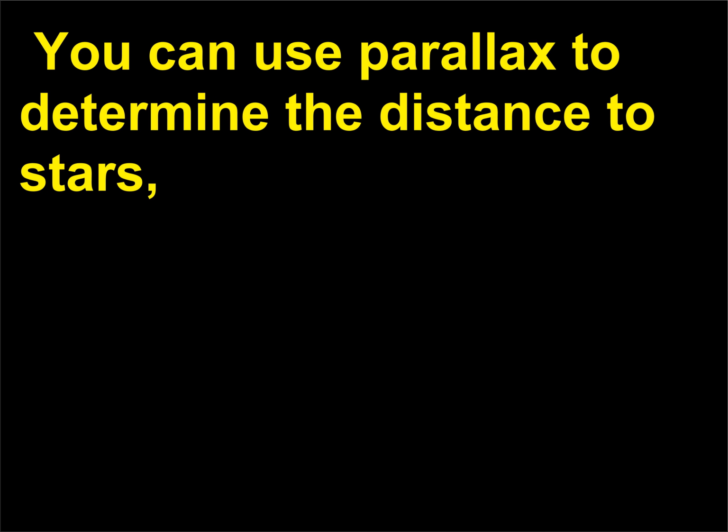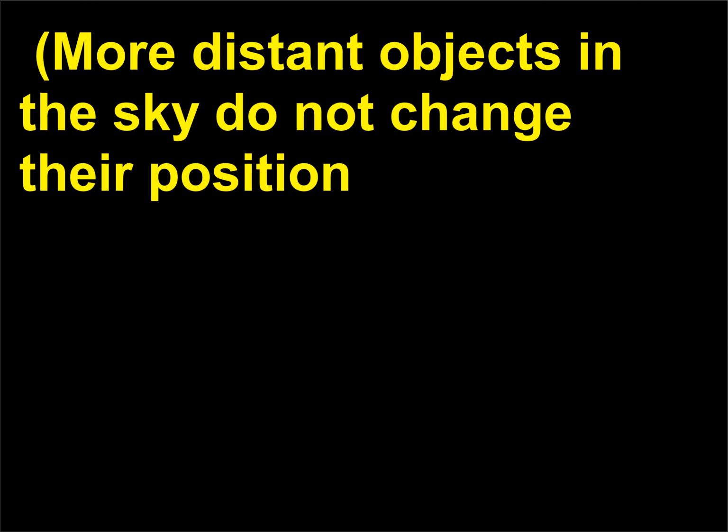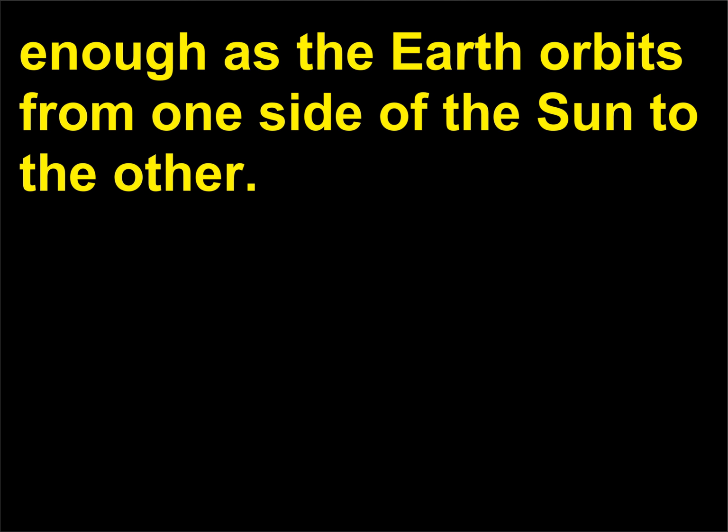You can use parallax to determine the distance to stars, as long as these stellar objects are within a few dozen light-years of Earth. More distant objects in the sky do not change their position enough as the Earth orbits from one side of the Sun to the other.